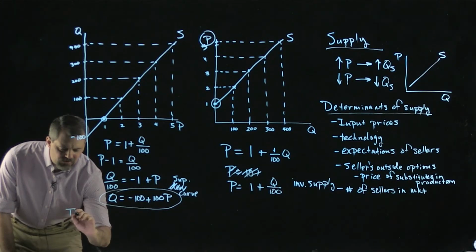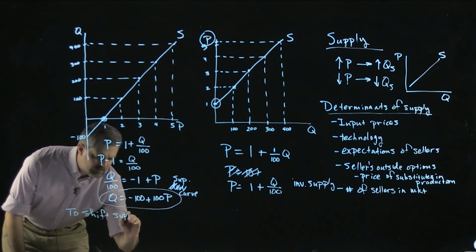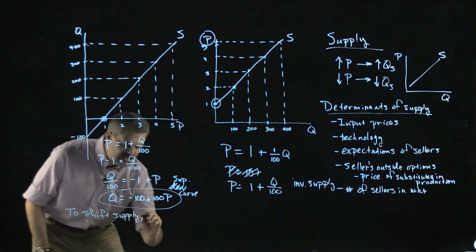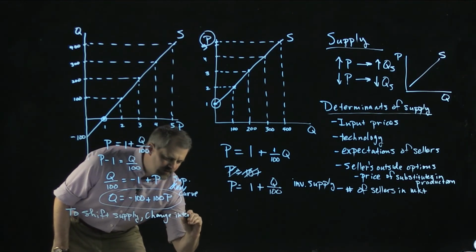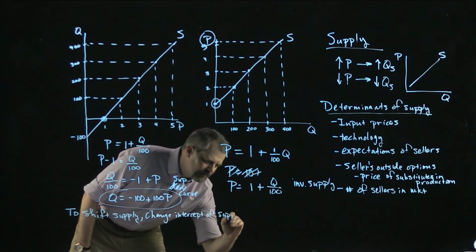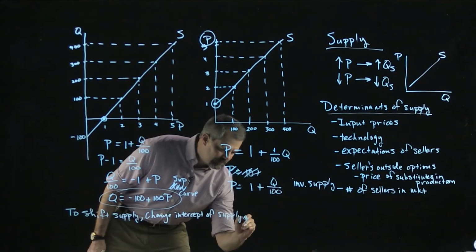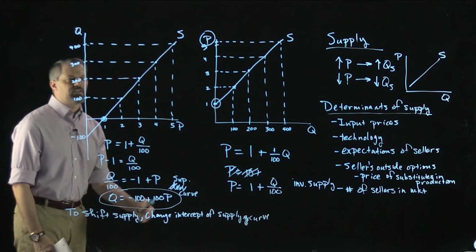So to shift supply, change the intercept of the supply curve. Don't change the intercept of the inverse supply curve. Change the intercept of the supply curve.